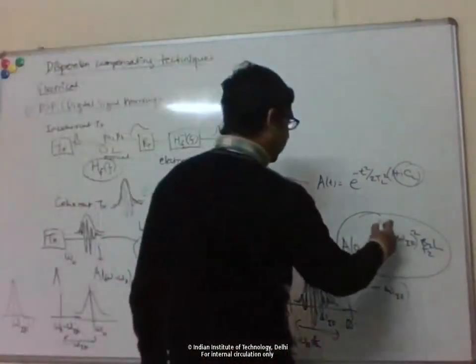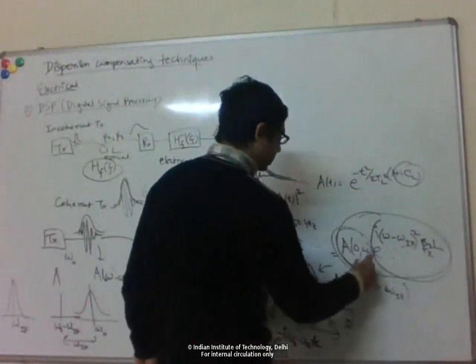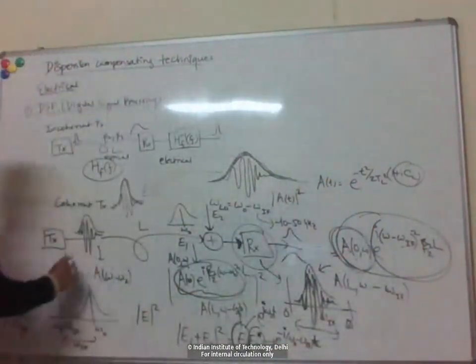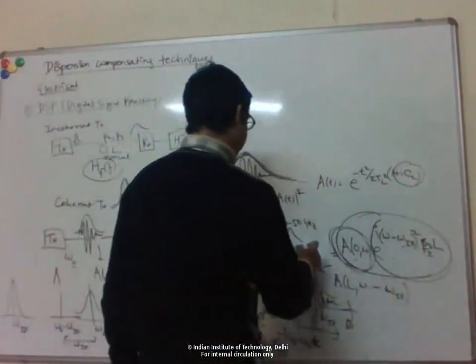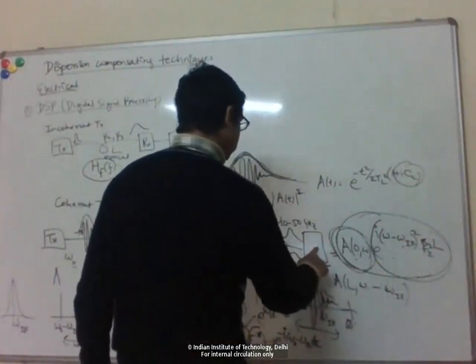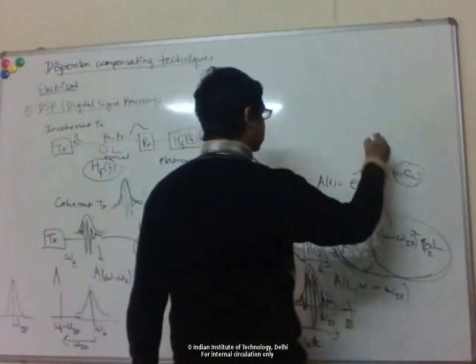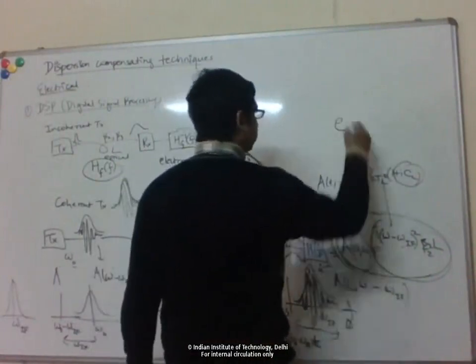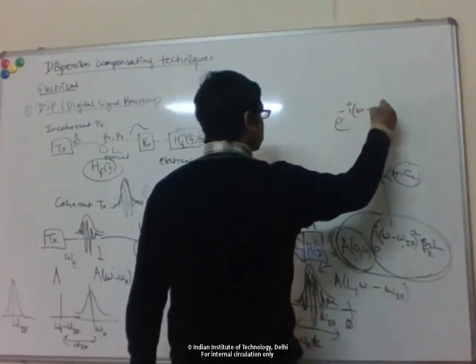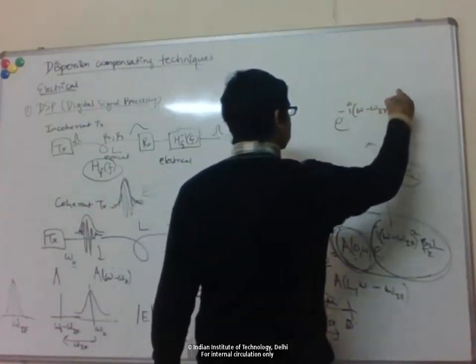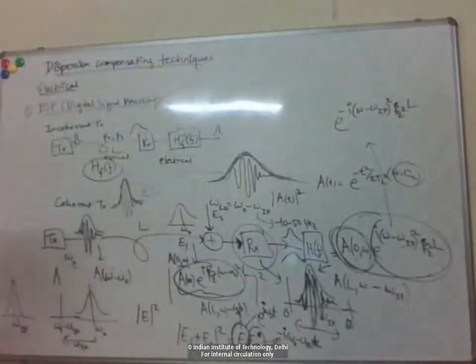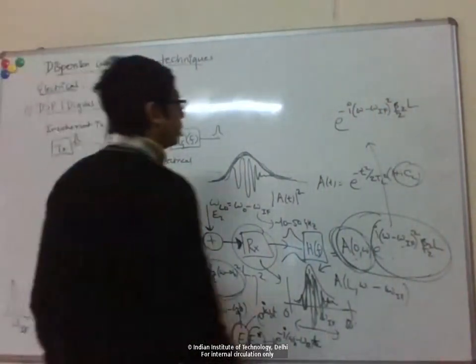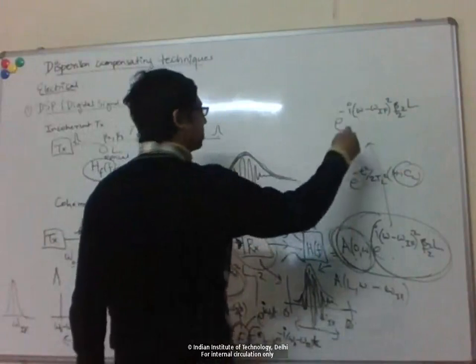So now what I want to do is get rid of this phase. I want to recover just the input spectrum. So I'll have a filter here whose frequency response will be this, minus of this. So I'll have this filter response like this.